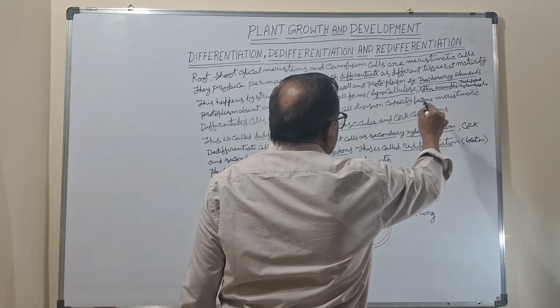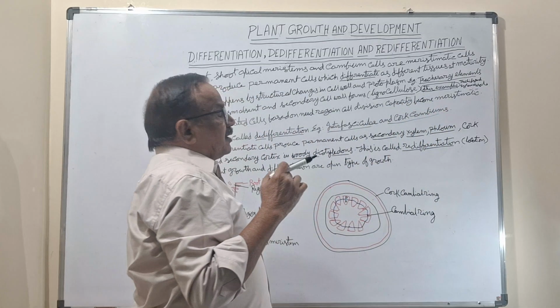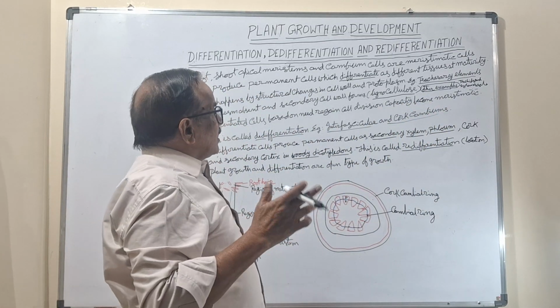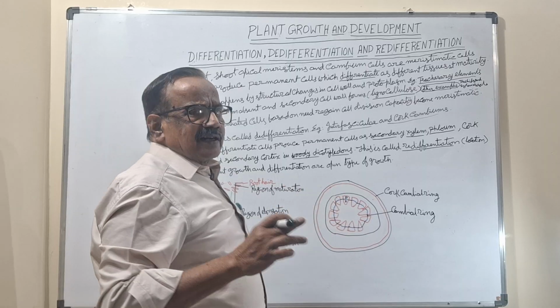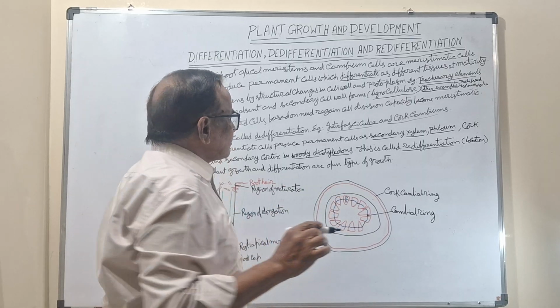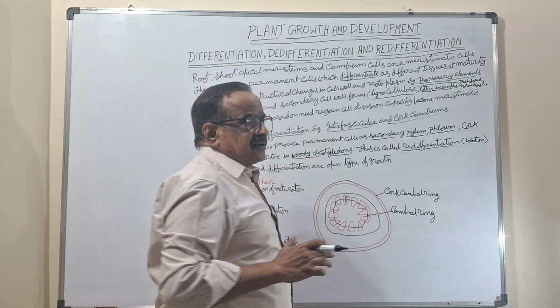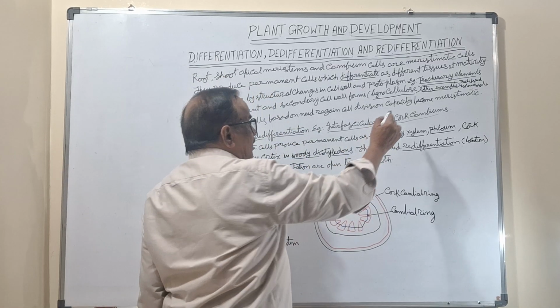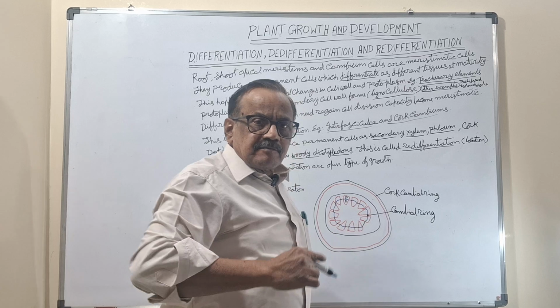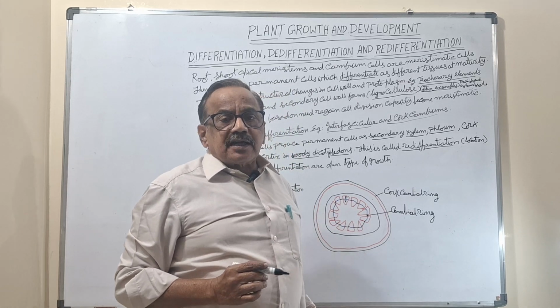Other examples you can also ask, but it is not necessary because it is out of syllabus. Now, protoplasm and secondary cell wall formation. Why he has given the tracheary element is that the tracheary elements are dead cells.